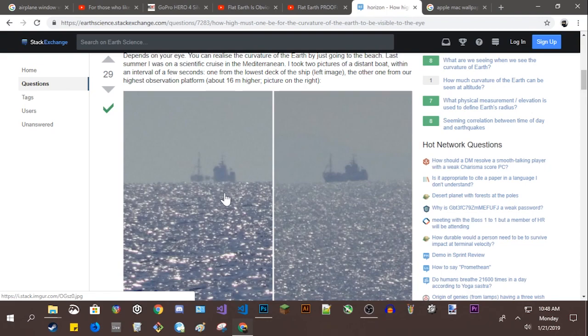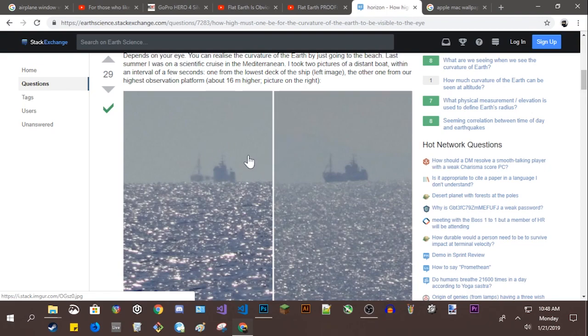Now, how do you explain that if the boat's supposed to be disappearing behind the edge or the horizon curvature of the Earth? Why would parts on the bottom of the boat disappear, but we can see them clearly above the curvature of the Earth? Now that's fog right there that's obscuring the boat, not the curvature of the Earth.